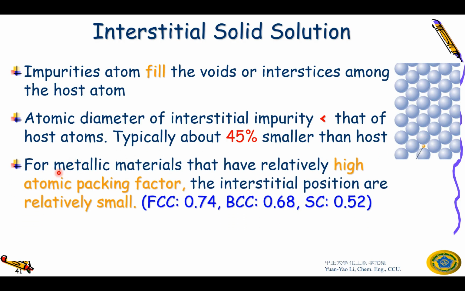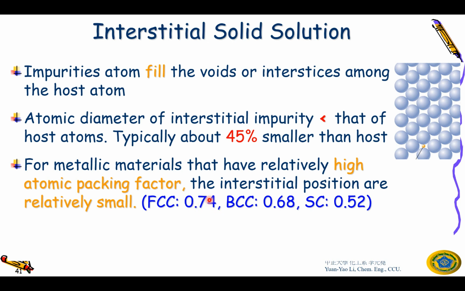For atomic materials that have a relatively high atomic packing factor, the interstitial positions are relatively small. It makes sense, right? For example, FCC has an atomic packing factor of 0.74.